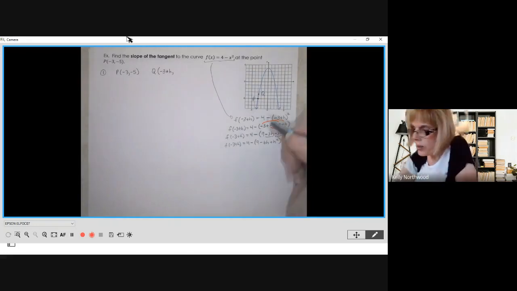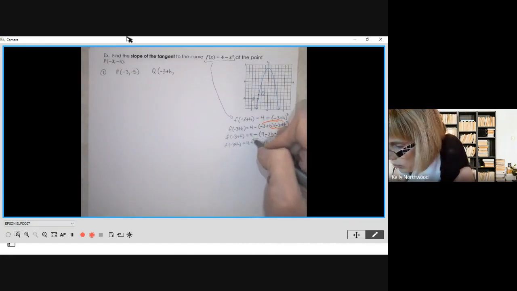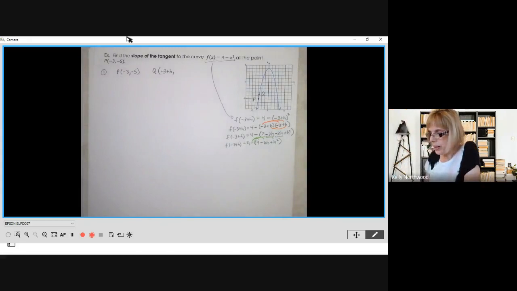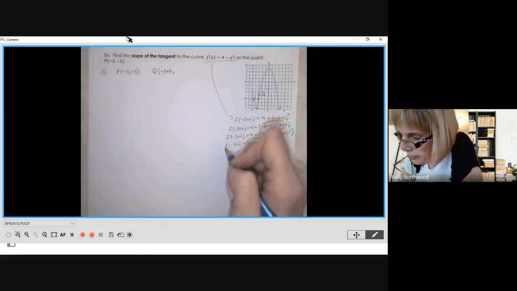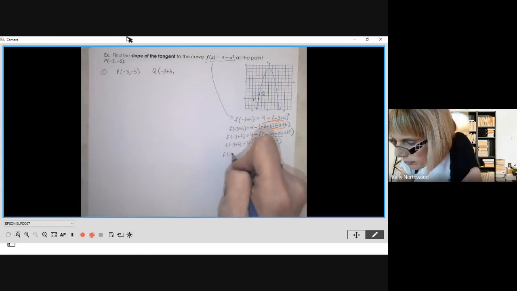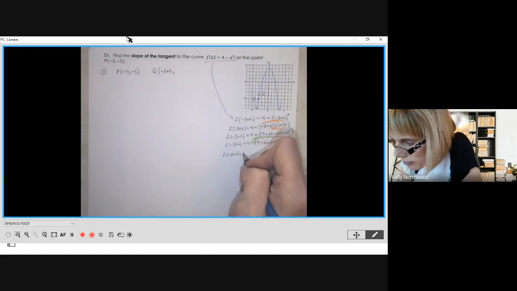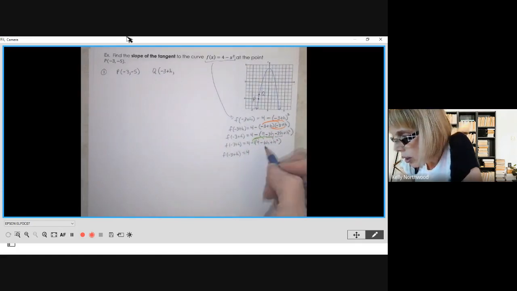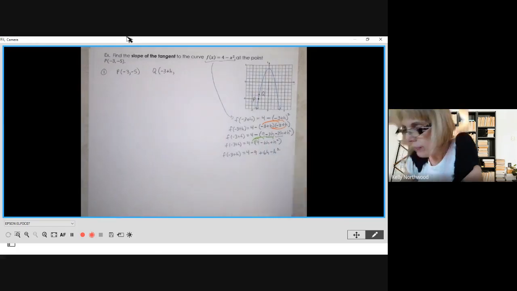Now what I want to do is distribute that -1 into the bracket. So that's going to be 4 minus 9 plus 6h minus h squared.